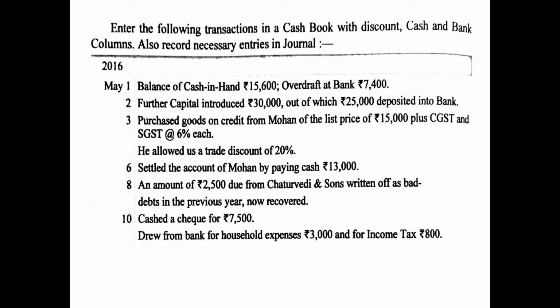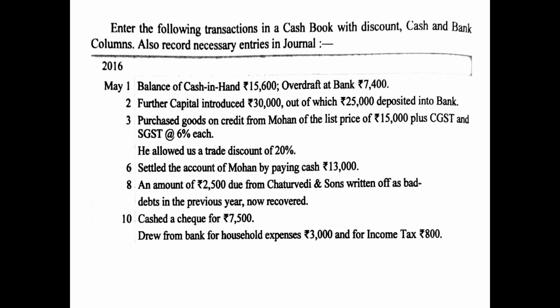And remember children, whenever the amount of CGST and SGST is to be calculated and the discount is also given, first of all you will deduct the amount of discount and then calculate the CGST and SGST. So 20% of 15,000 will be 3,000. If you are receiving 3,000 discount, ultimately the value of goods is 12,000.